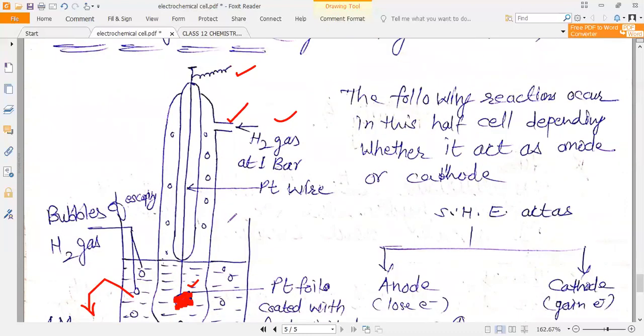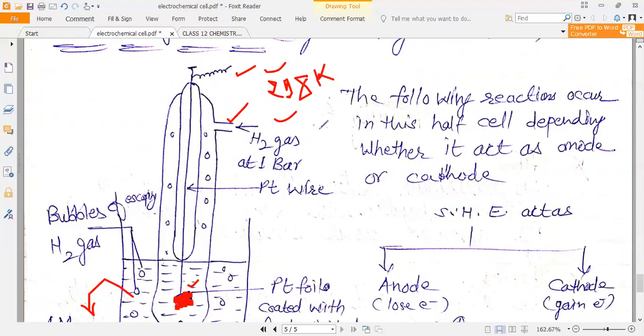To find the electrode potential of SHE, first we have to insert hydrogen gas at 1 bar atmospheric pressure, and the temperature is 298 Kelvin.